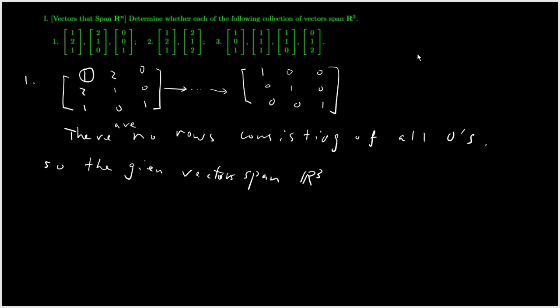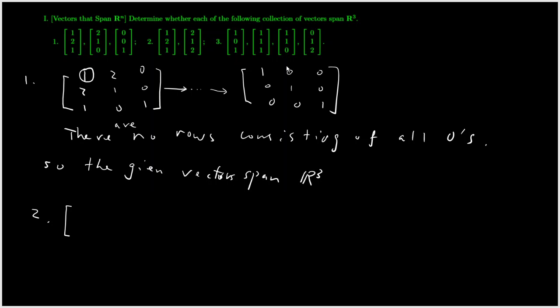Okay, now we work on question 2. Using the shortcut method again. In this case, you are given 2 vectors. We are trying to determine if these 2 vectors can span R3 or not.